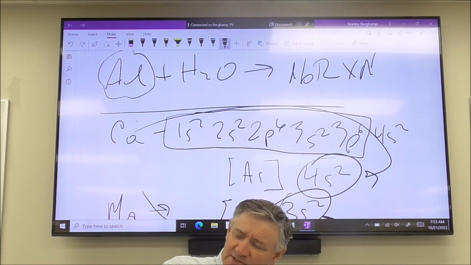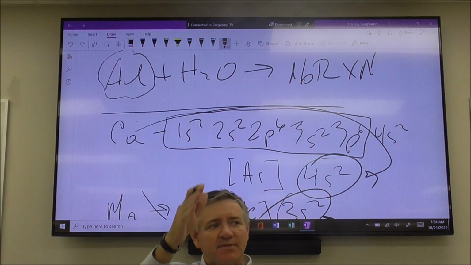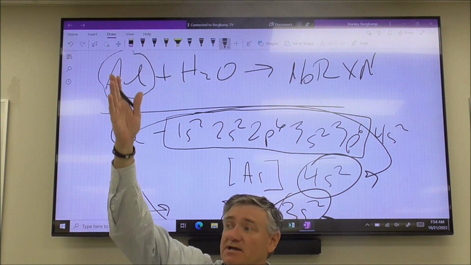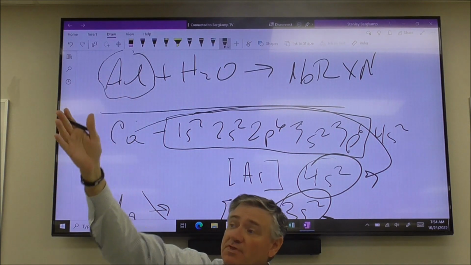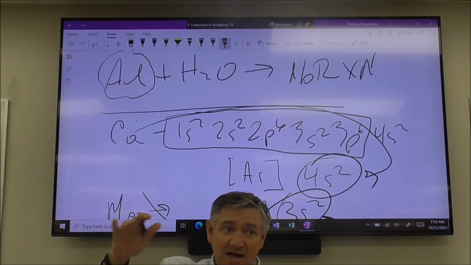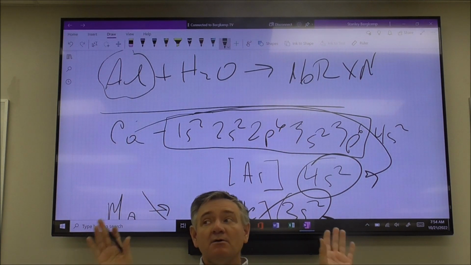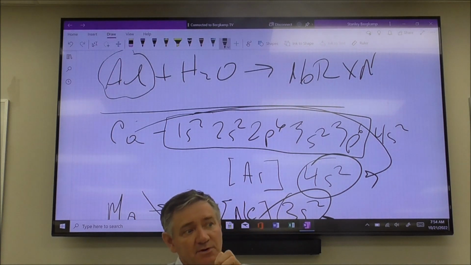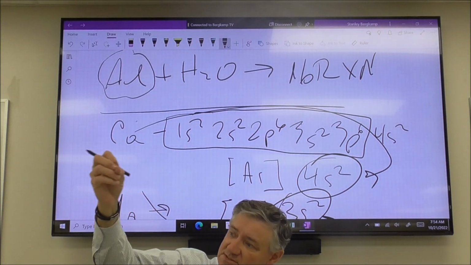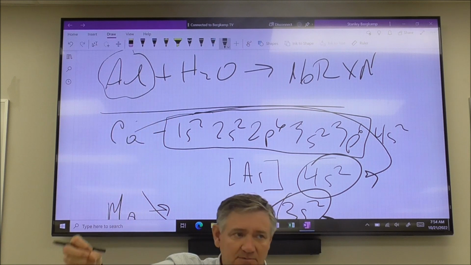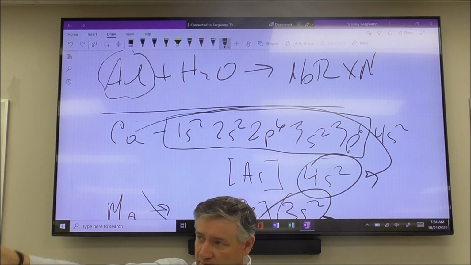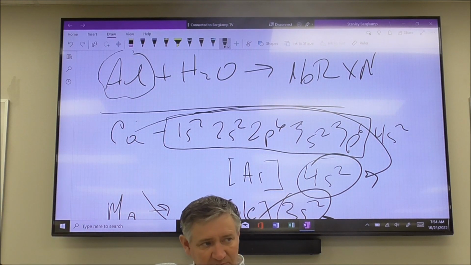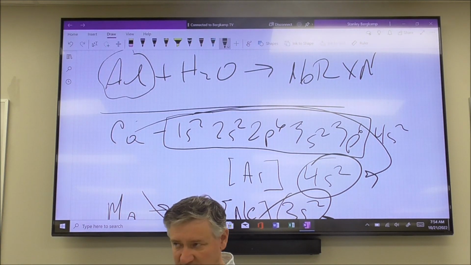What physically took place that calcium reacted so much more vigorously than magnesium? Because they're identical. They both have two valence electrons. Okay, that's what they have in common. So there has to be something in the difference about how they give up their electrons. And the difference is that those calcium electrons are further away, they're not held as tightly, they give up those electrons, that's what starts that reaction.